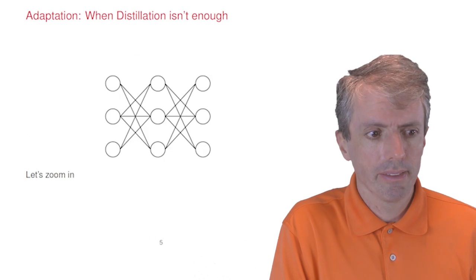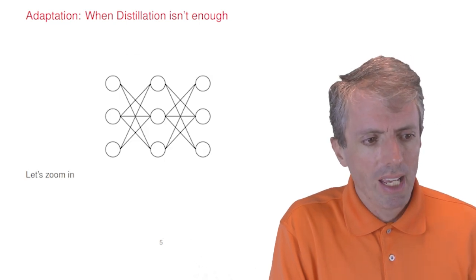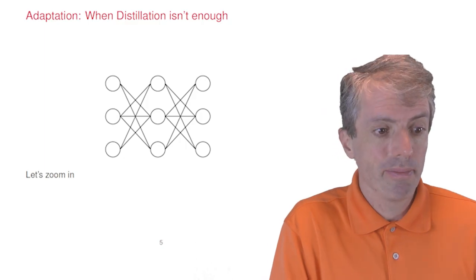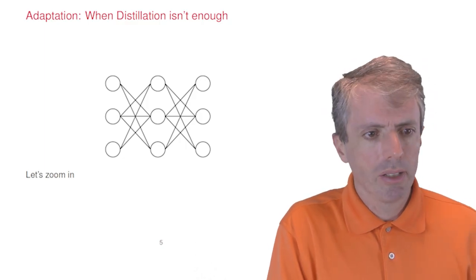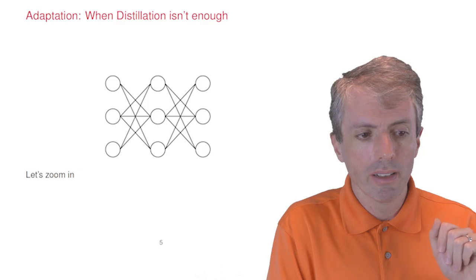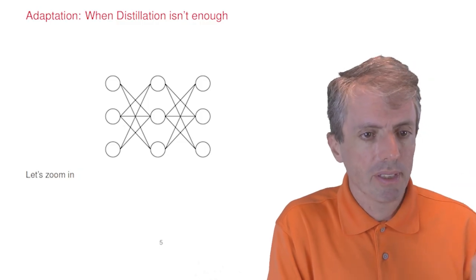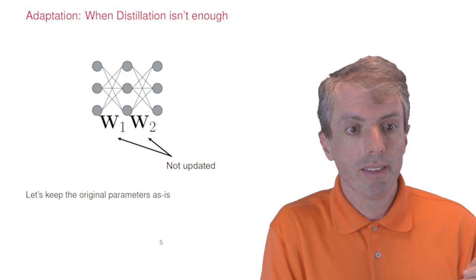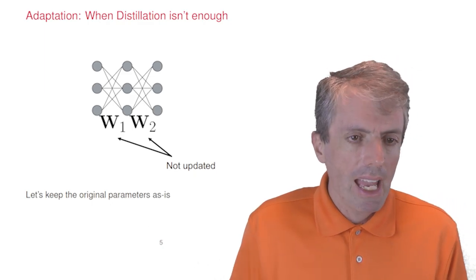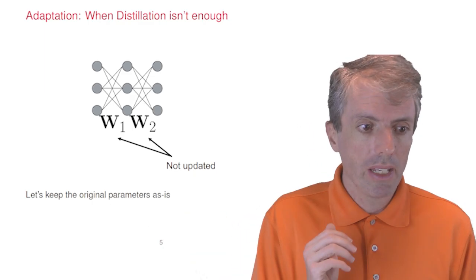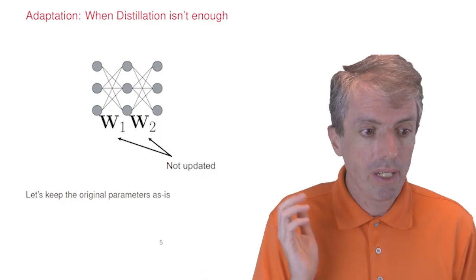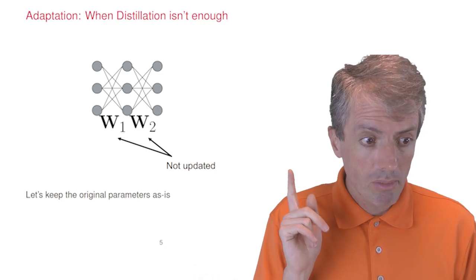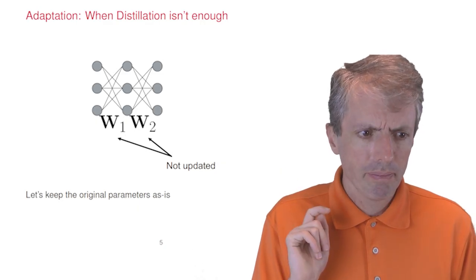So what's the alternative? Let's zoom in a little bit. At the heart of all of our models are a bunch of neural networks. Our feed-forward layers, our key-value lookups, all of these are just neural networks parameterized by some matrix. And when you do backpropagation, when you fine-tune a model or update it, then you're changing those parameters.